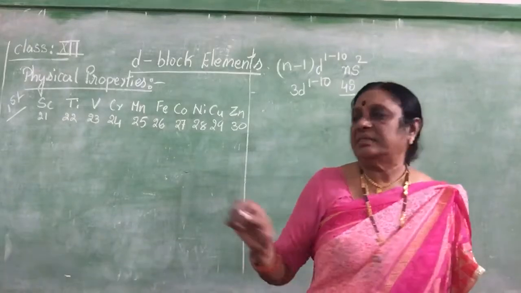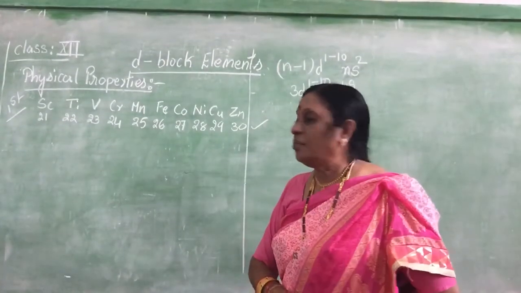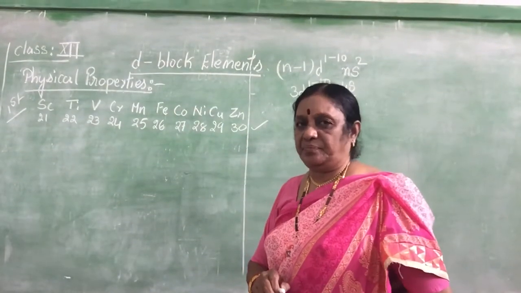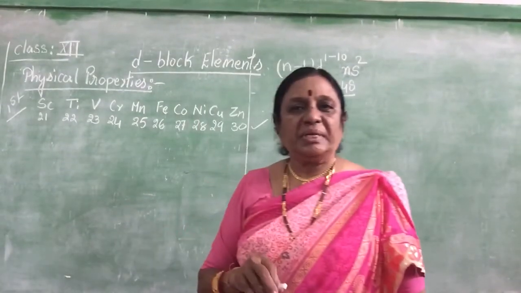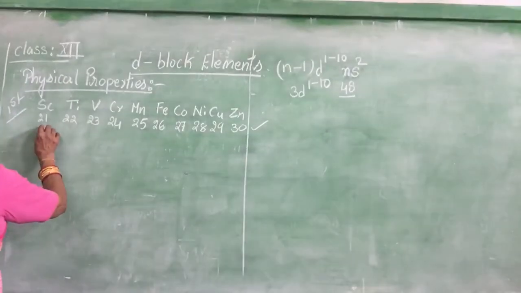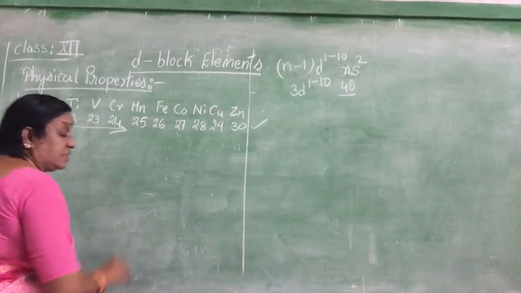So with increase in the atomic number, what happened? Electrons also increase. So according to the general trend, atomic size decreases, but here variations are there. With increase in the atomic number, atomic size decreases.